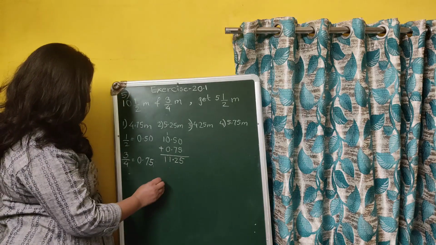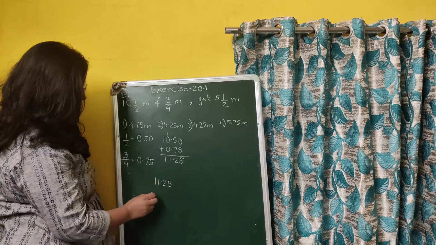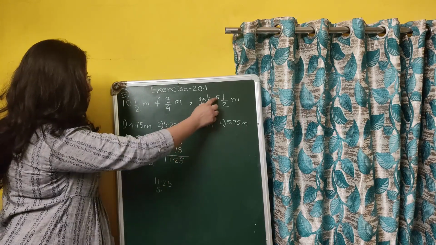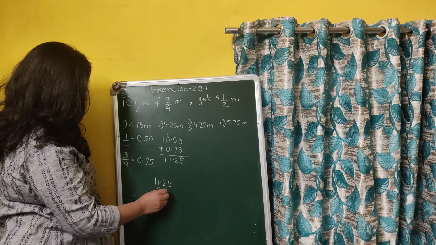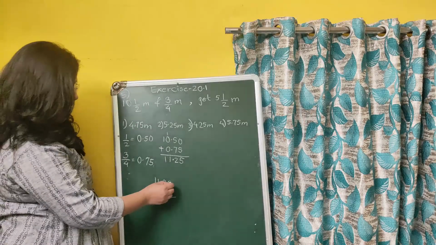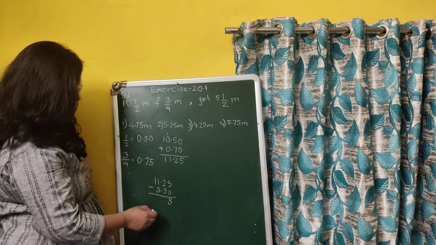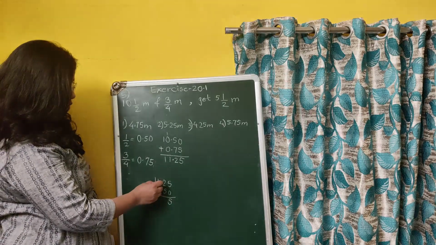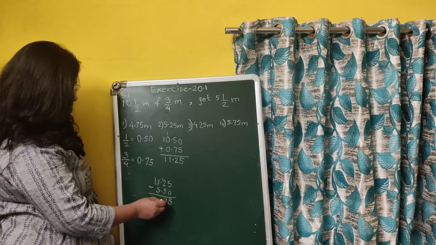So now 11.25 minus 5 point half means 50. Okay, subtract 5, 0 subtracted by 5 is 5, then 2 is smaller, so we need to borrow 12. 12 minus 5 is 7.